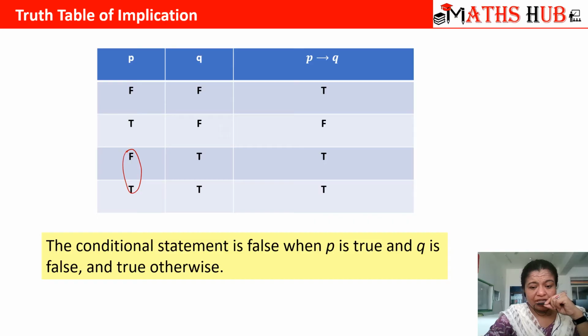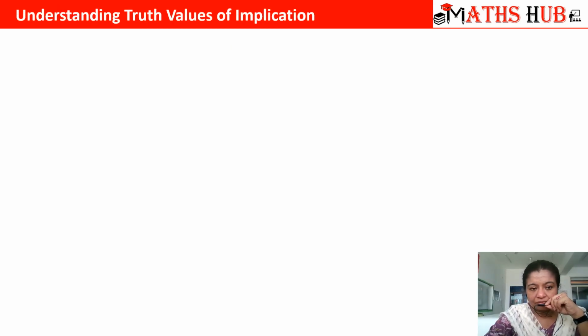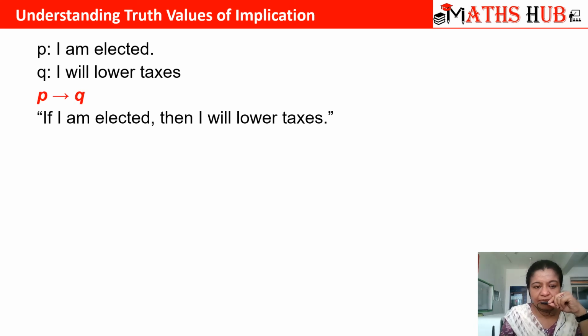Now let us try to understand this implication truth table with the help of the first example that I quoted in the last slide, right? Let us take the same statements: P, I am elected, and Q, I will lower the taxes. Now, what is the truth table implying?